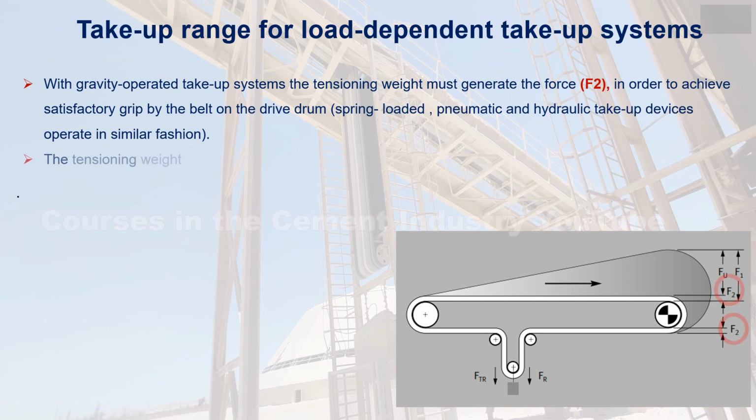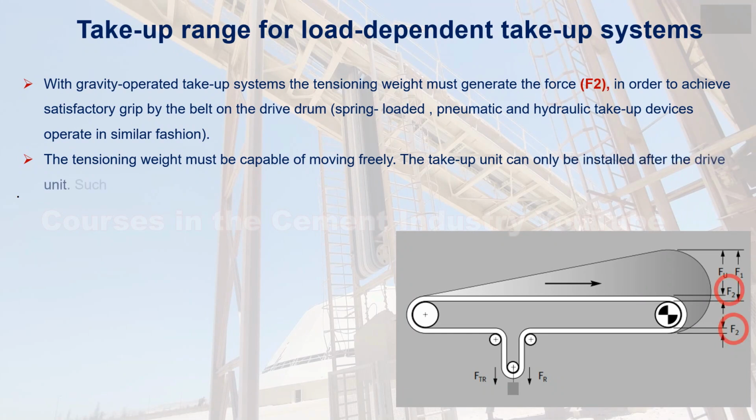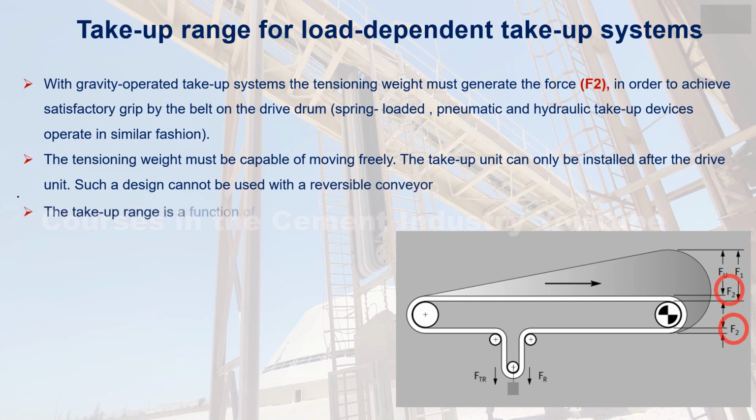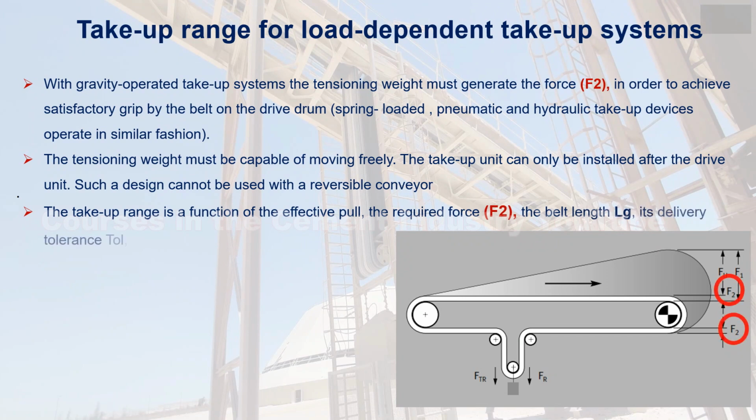The tensioning weight must be capable of moving freely. The take-up unit can only be installed after the drive unit. Such a design cannot be used with a reversible conveyor. 3. The take-up range is a function of the effective pull, the required force, F2, the belt length, its delivery tolerance, the tension reserve, Z, and the belt type.